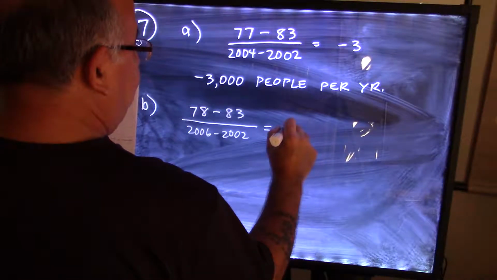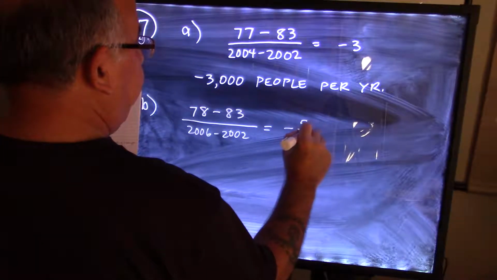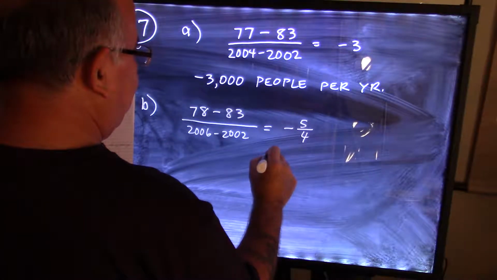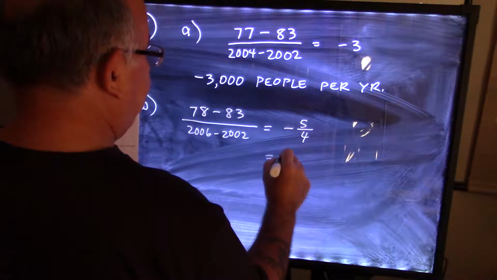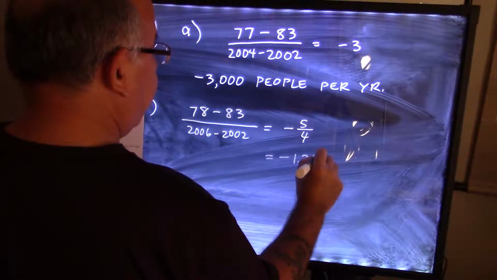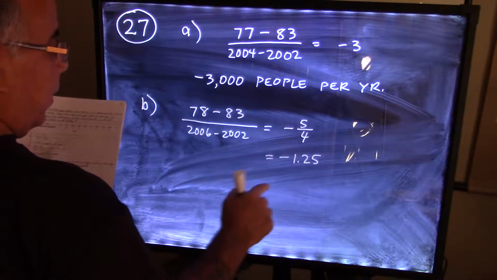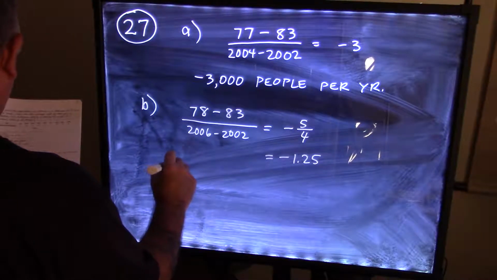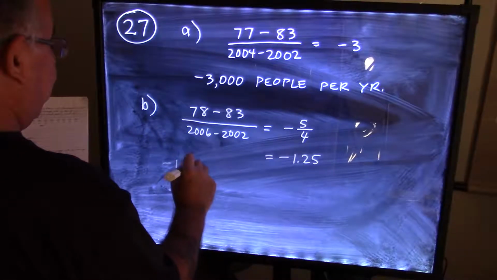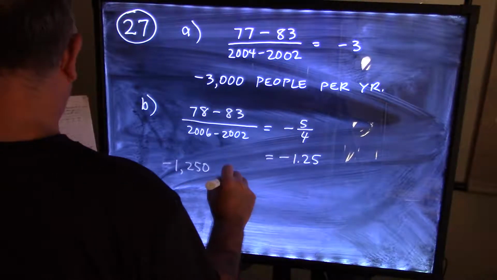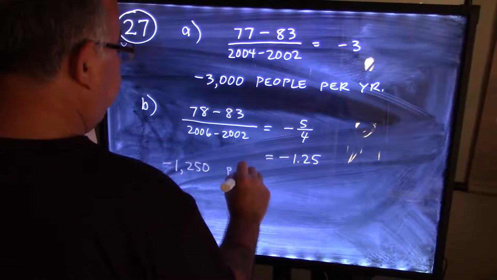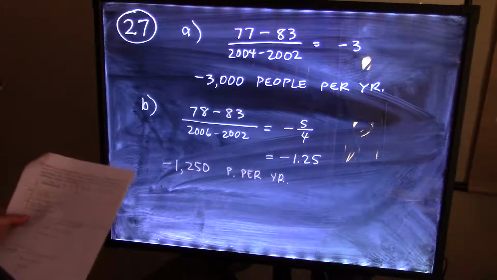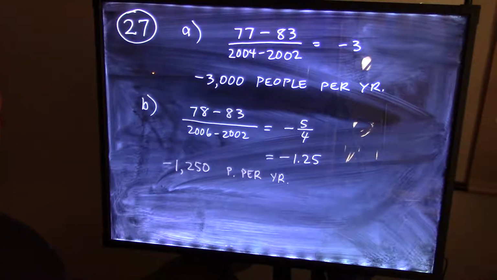So that's negative 5 over 4, or as a decimal, negative 1.25. This is again in thousands. If you multiply that by 1,000, you'll get the exact figure. It's negative 1,250 people per year. All right, there you go.